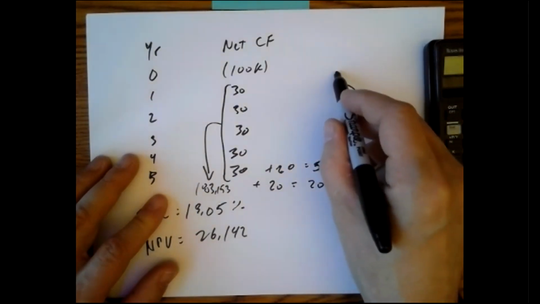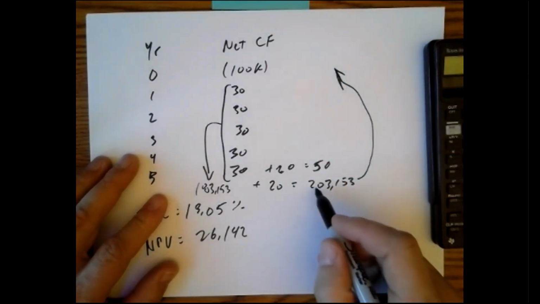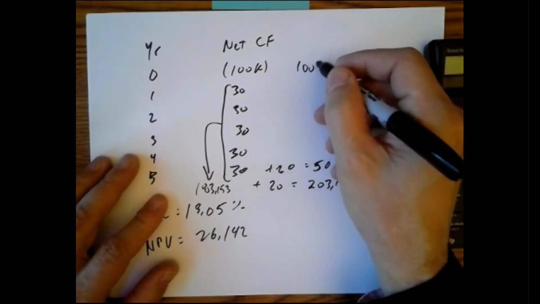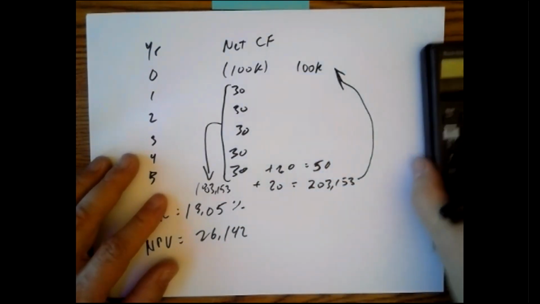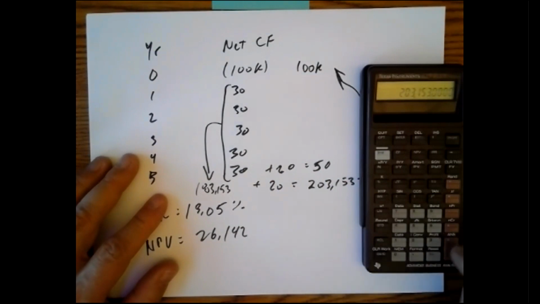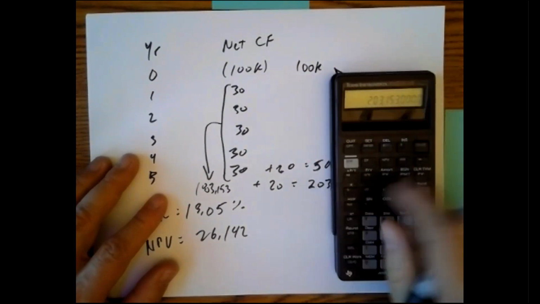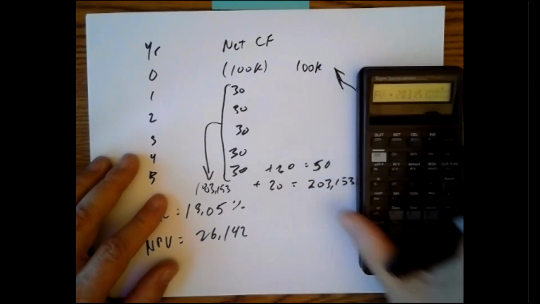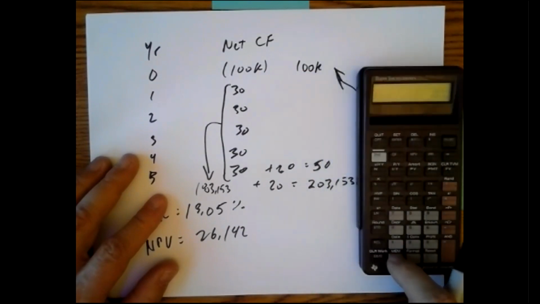We want to now find the interest rate that, if we applied it as a discount rate, would bring this back and make it equal to 100,000. So what would that be? Well, we set the 203. So we're going to clear our TVM. We're going to set that as our FV. We want a PV of 100.